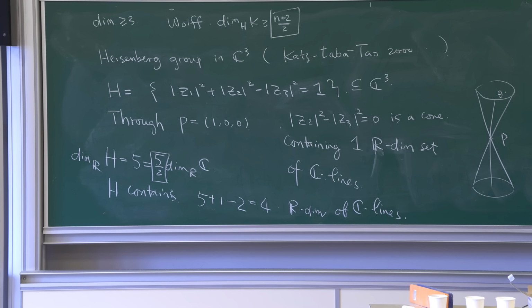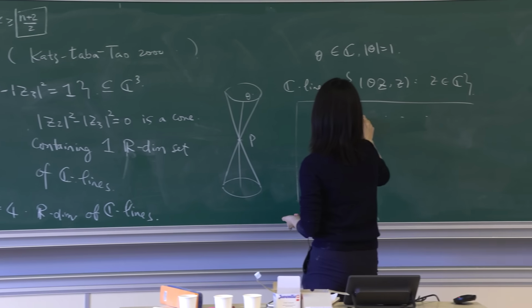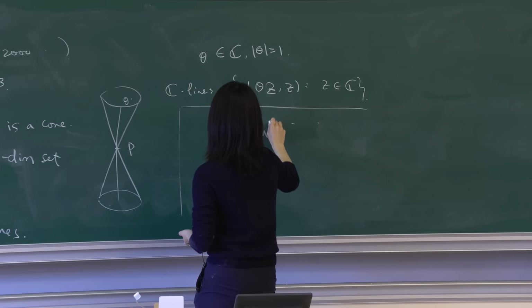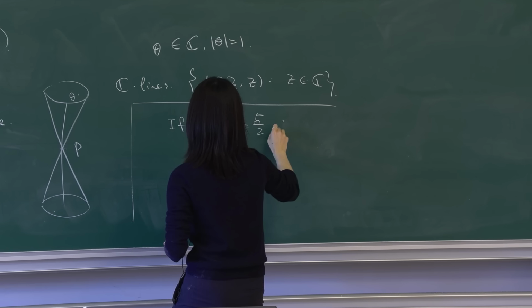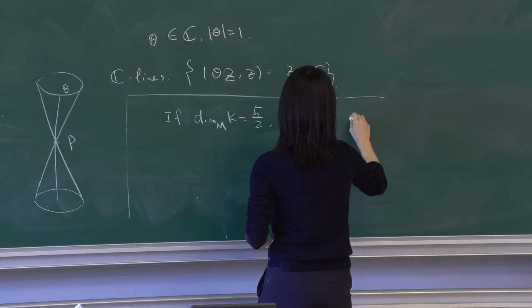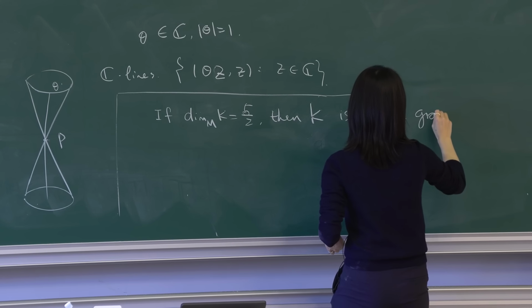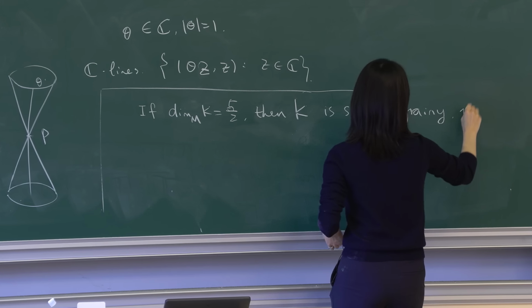In this very influential paper of Katz, Laba, and Tao, they discovered this example, and they also showed that if the Minkowski dimension of a Kakeya set equals 5/2, then the Kakeya set is sticky, grainy, and plany.